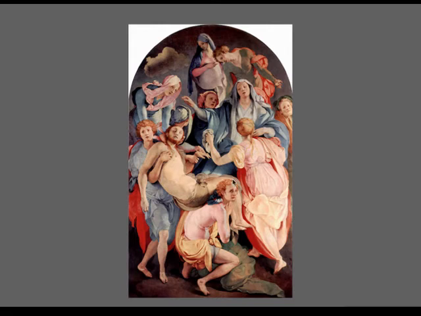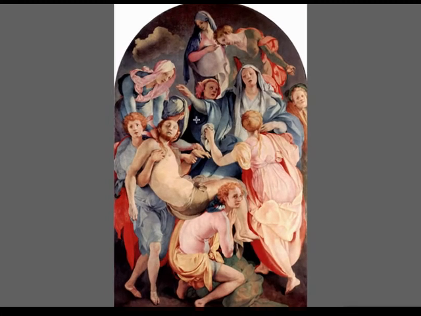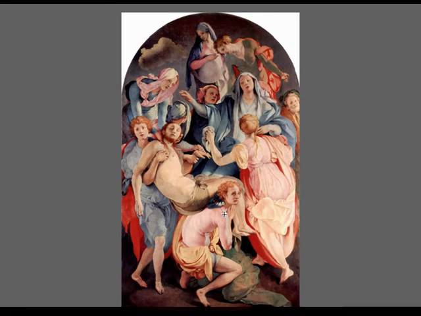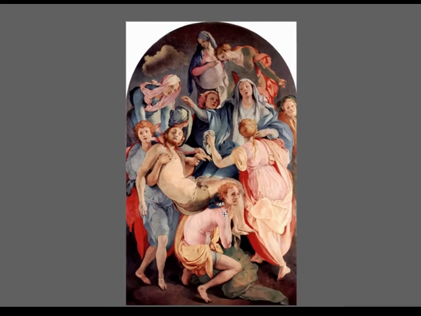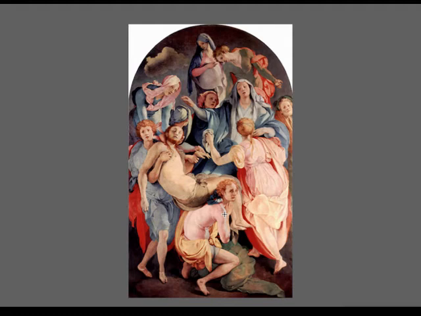And it has the same sort of elements with the lamenting Mary here, the expression on her face, very sad, gesturing towards her son who's being held up by figures, and there's other figures around expressing grief. But this is just so different and so weird in so many different ways. Let's look at and list them.